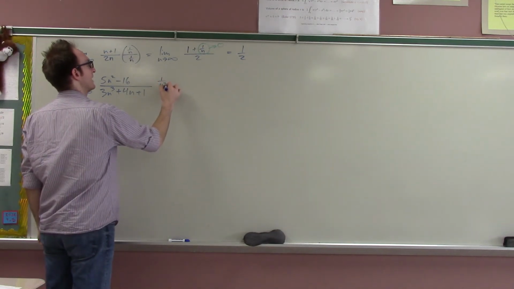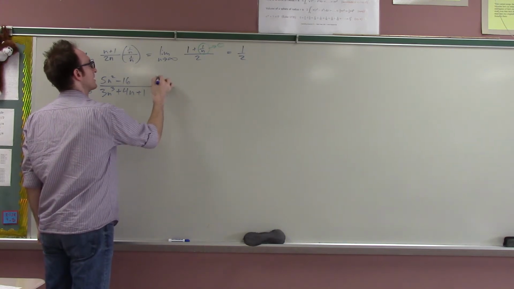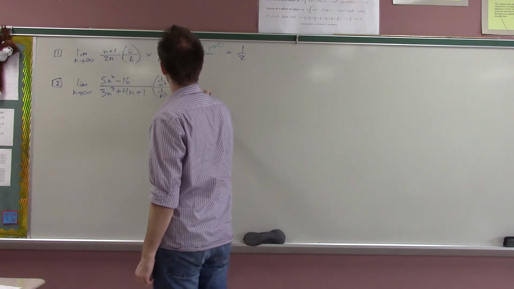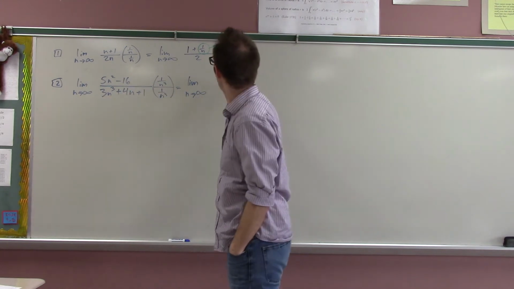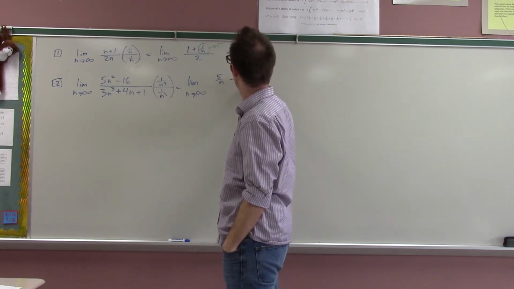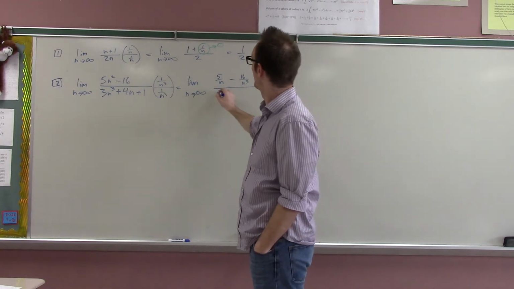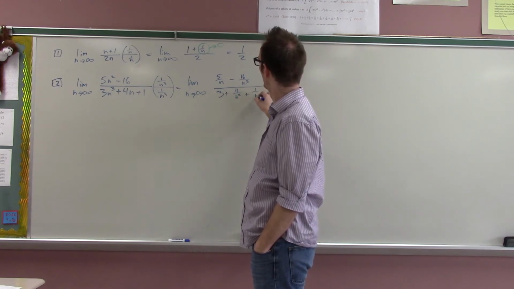So I'm going to multiply by 1 over n cubed over 1 over n cubed, and when I do so, it enables me to simplify this expression a little bit more. Multiplying that through the top, you get 5 over n minus 16 over n cubed, all over 3 plus 4 over n squared plus 1 over n cubed.